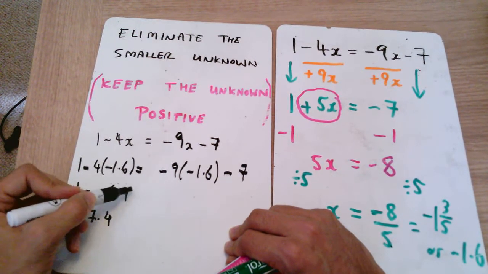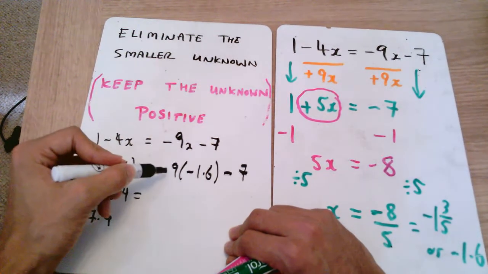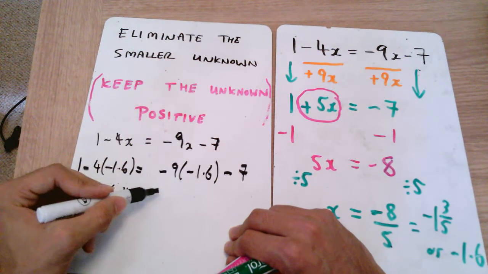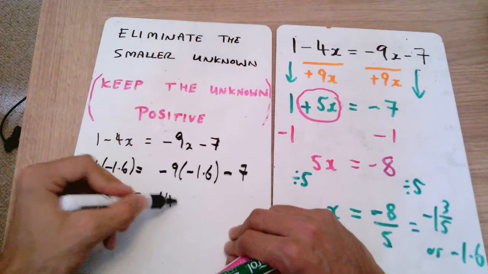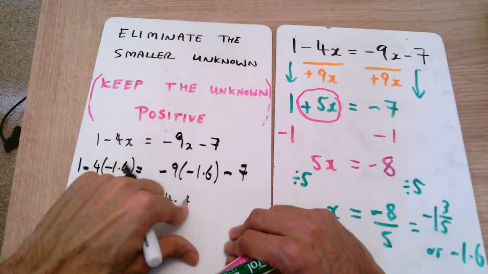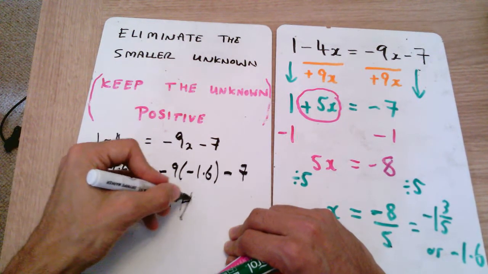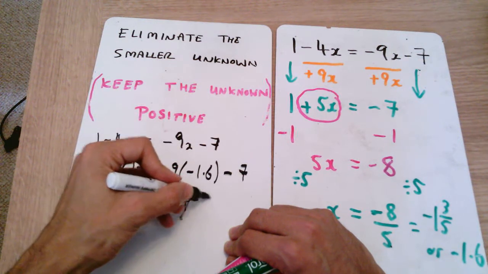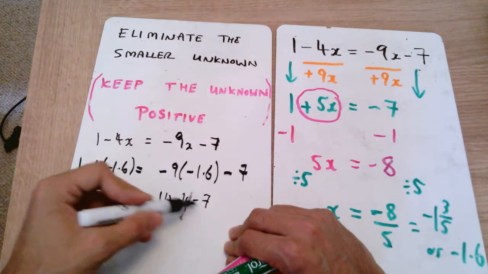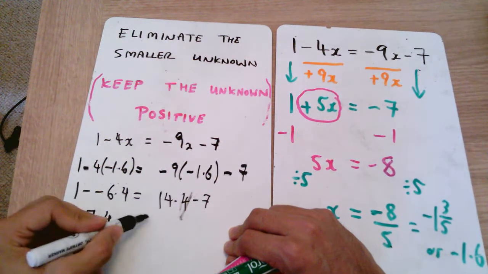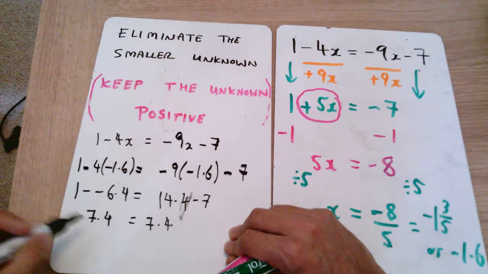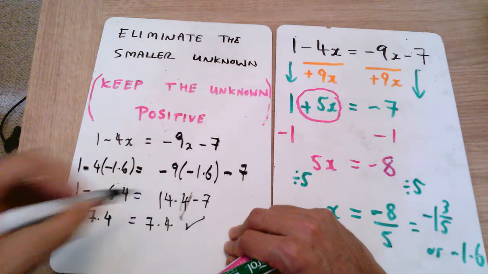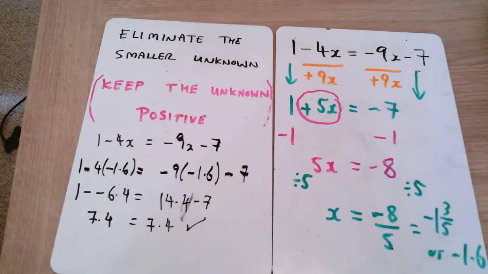And on the other side, minus 9 lots of minus 1.6 is 14.4, because a minus times a minus is positive, and then subtract the 7 afterwards. 14.4 minus 7 is also equal to 7.4. So we've just checked it works on both sides. It balances, is equal, so it has worked.